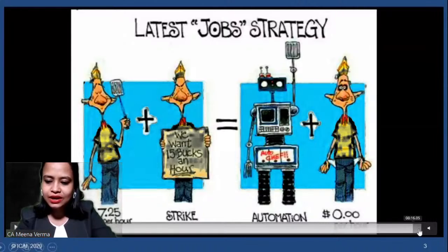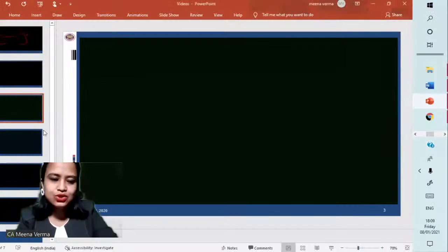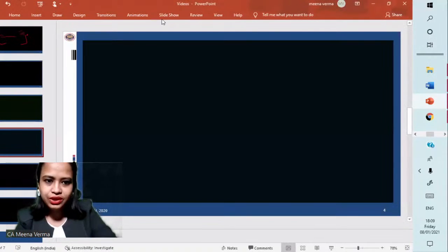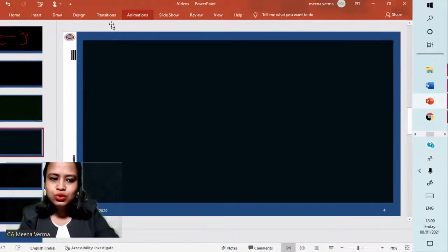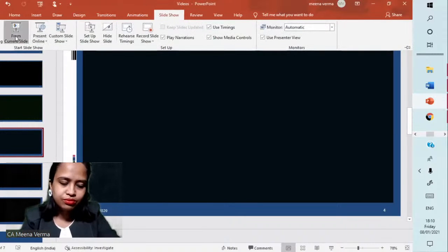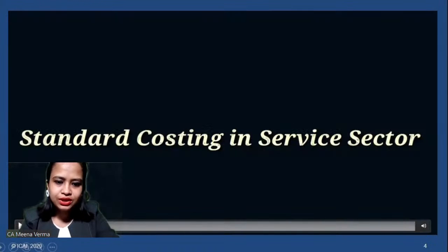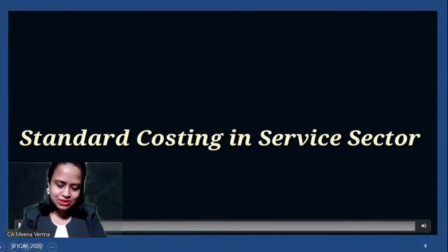Nowadays you can see that organizations are using technology a lot, which is actually a threat also, ठीक है. So in this way you can do the variance analysis in case of high tech firms, ठीक है. So in case a question comes related to a high tech firm, you can do this variance analysis.